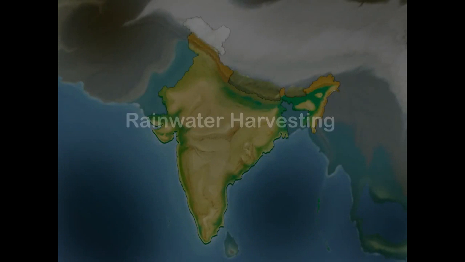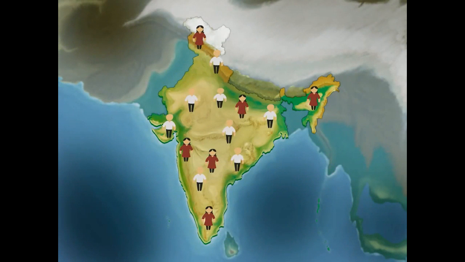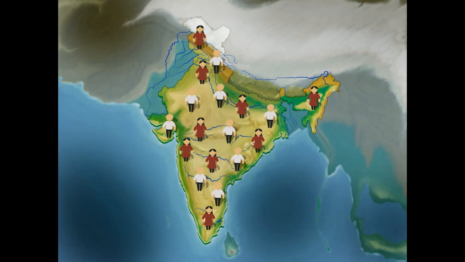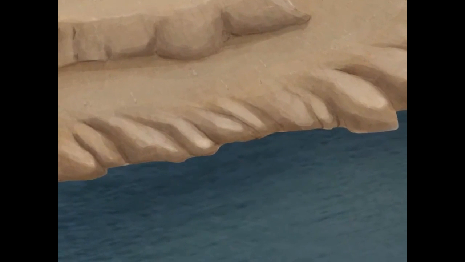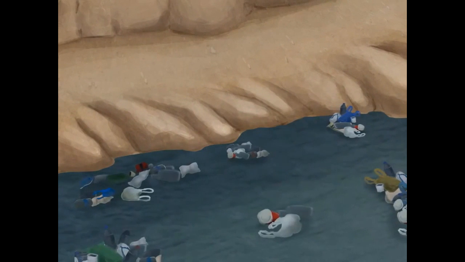Rainwater harvesting. India, which is home to 16% of the world's total population, has access to only 4% of the world's total water resources to fulfill its water needs. This limited supply could easily deplete further or be made unusable by overutilization and population.